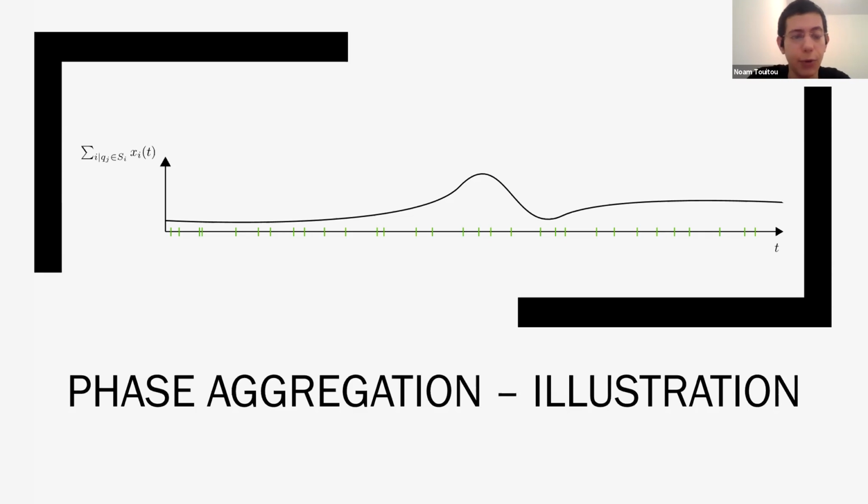This is a graph for one specific element, and it shows the total buying of sets containing that element over time. Okay, the total momentary buying of sets containing that element. And we can see these green lines across the timeline. These are requests that are being released over time. Now we're going to cut up this graph into chunks of size 1 over 4, and each chunk is going to be one aggregate request.